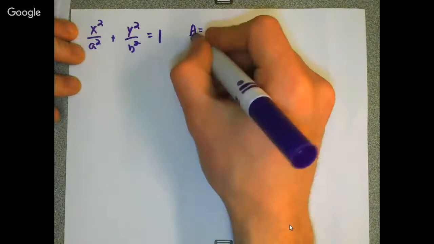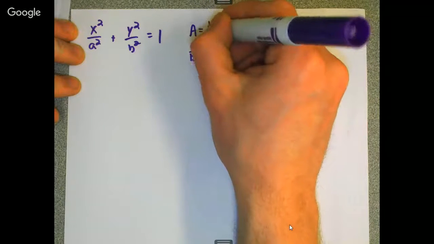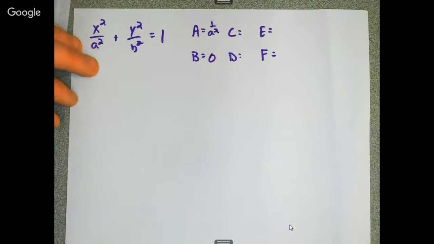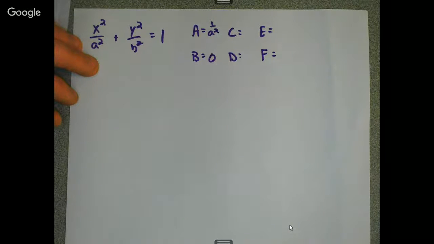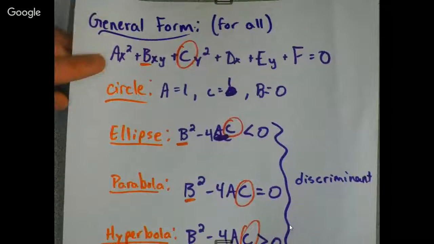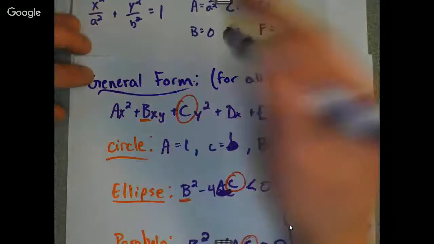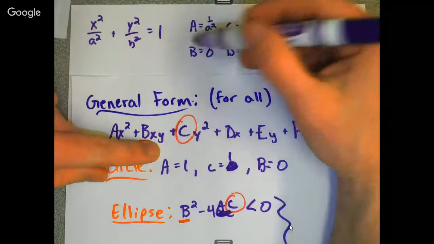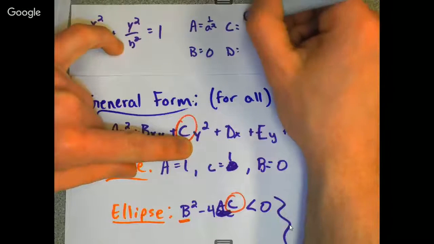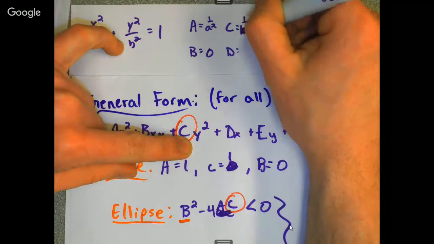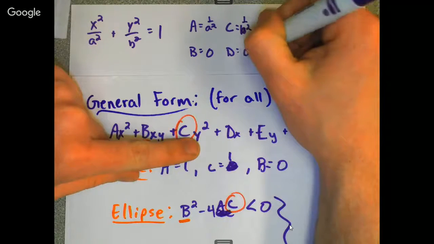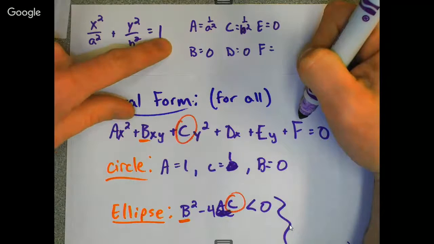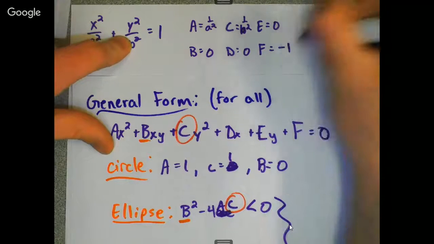So A is with x squared, so that's 1 over a squared. B is 0, and I'm looking back at this right here. So B was with xy. Well, there was no xy. C is with y squared, so that's 1 over b squared. D is with x. I don't have that. E is with y. I don't have that. F is your constant, but I got to set this equal to 0. So if we move that over, I get -1.